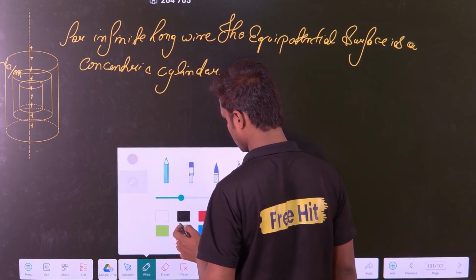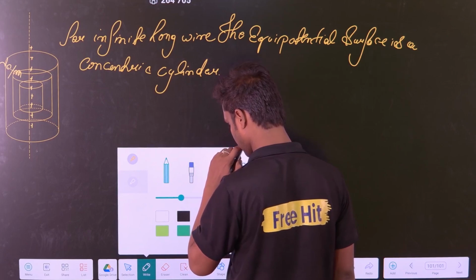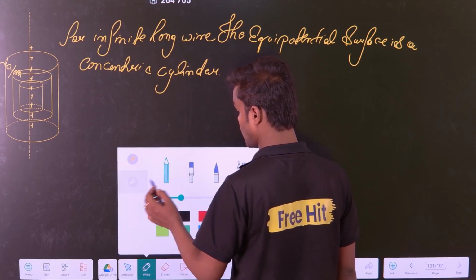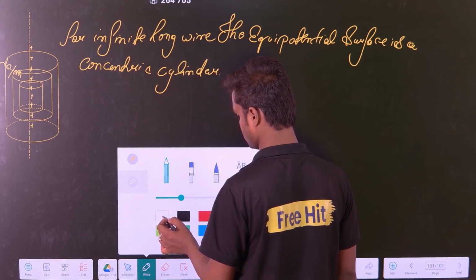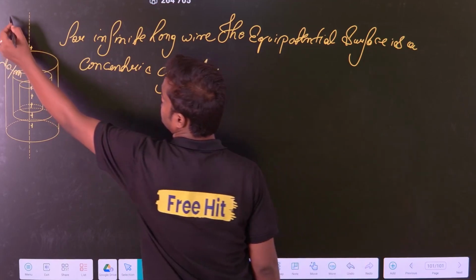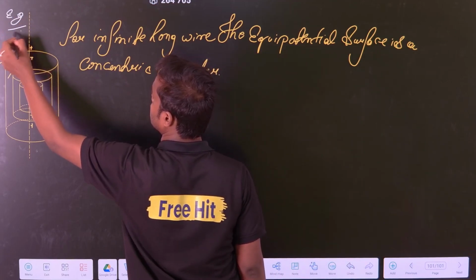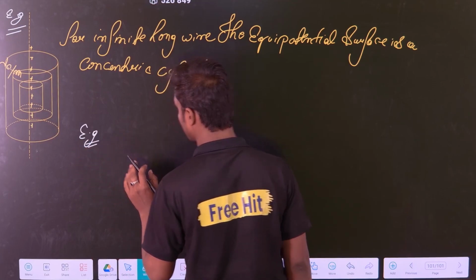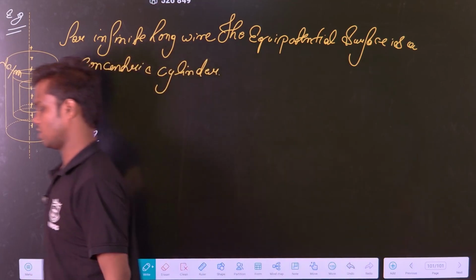Now let us take a dipole. This is example number 2. Okay. Next example I am drawing here. So for a dipole, let us take one minute.